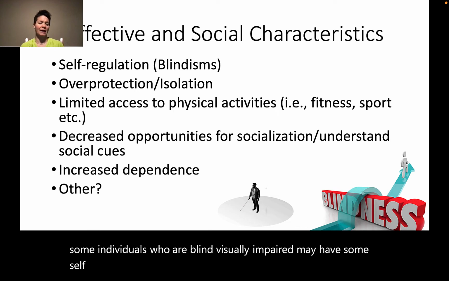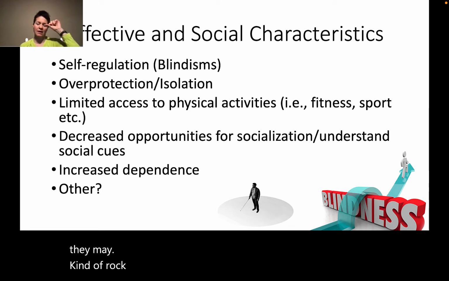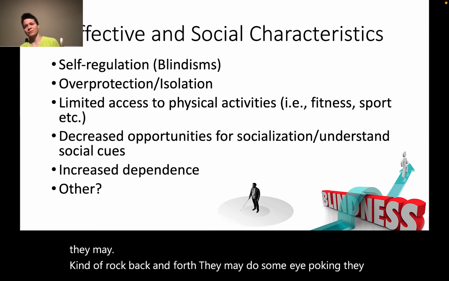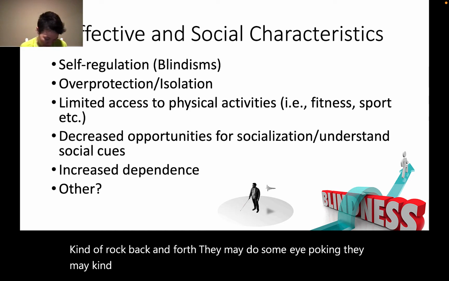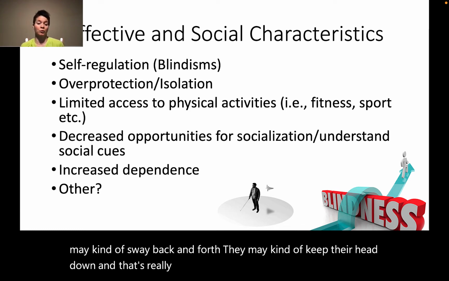It used to be called blindisms, where they may kind of rock back and forth. They may do some eye poking. They may kind of sway back and forth. They may kind of keep their head down. And that's really because of the lack of the body getting sensory input through their visual field.